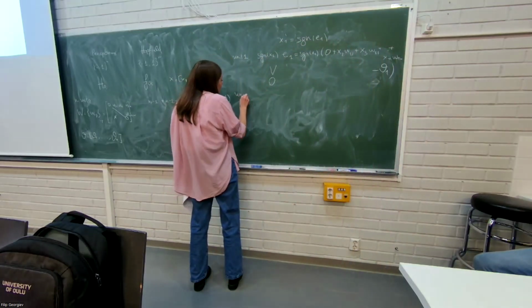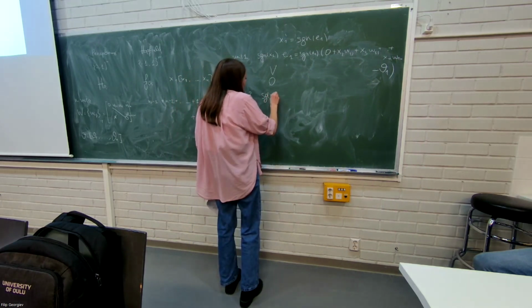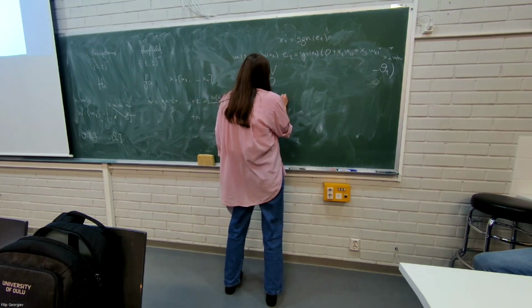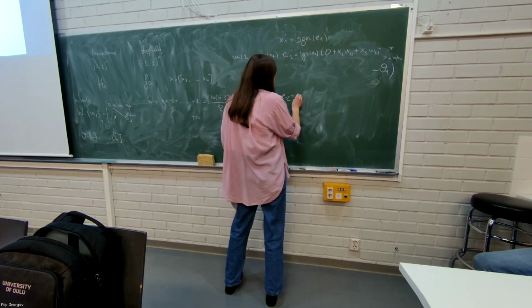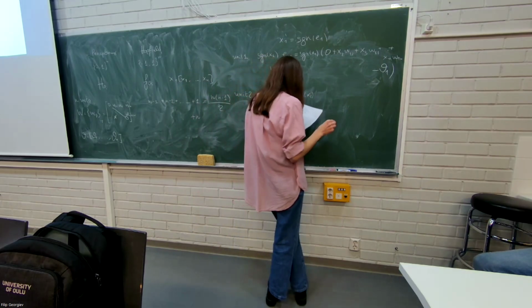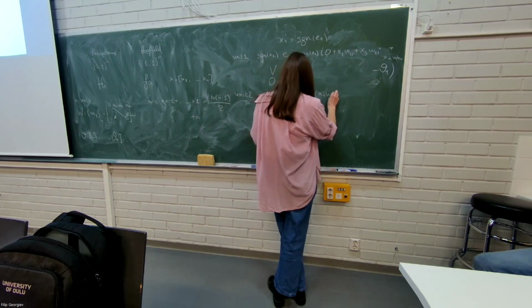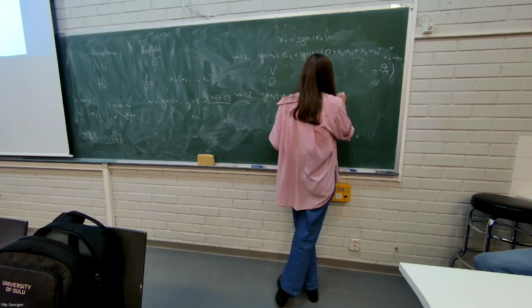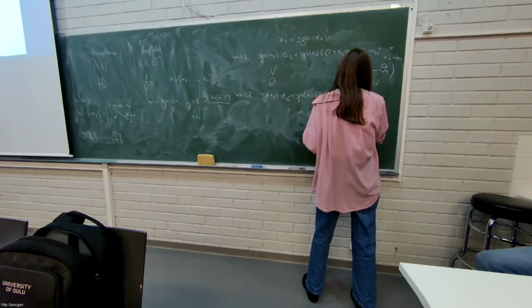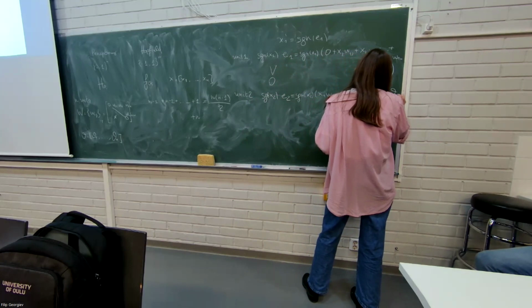So I consider unit 2. I do the sign of x2 times the excitation 2. So sign of x2 times, now it's x1 w21 plus 0 plus x3 w23, etc., minus theta 2.